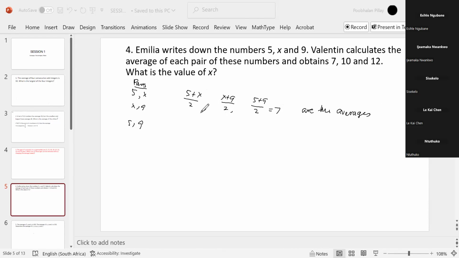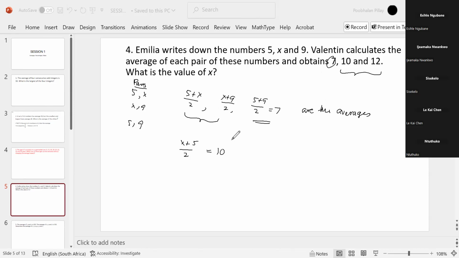We don't know which is which, but actually we do, because you can see 7 is already included here. So that means these 2 here are these 2. Now, which is which? This is (x plus 5) over 2, and this is (x plus 9) over 2. Obviously (x plus 5) over 2 is the smaller of these 2, and the smaller of 10 and 12 is 10.